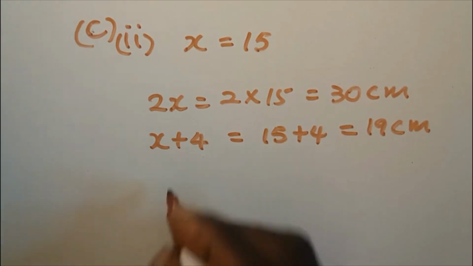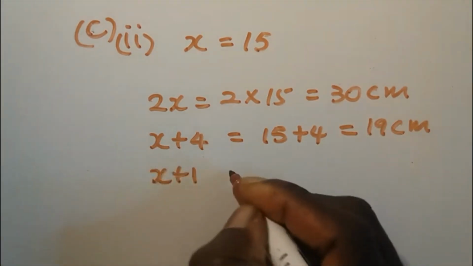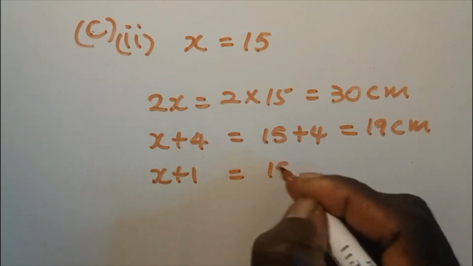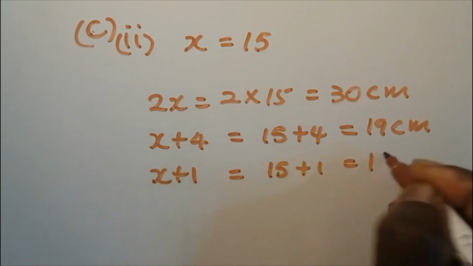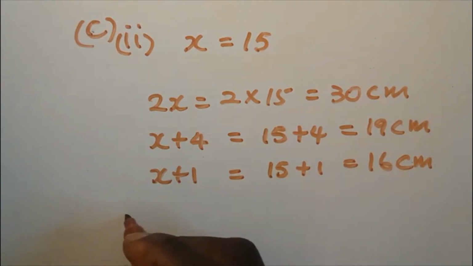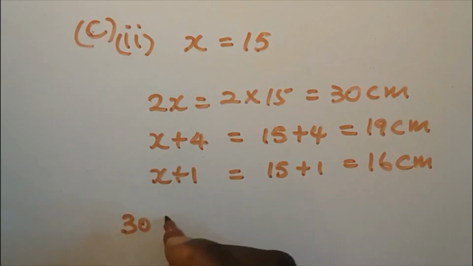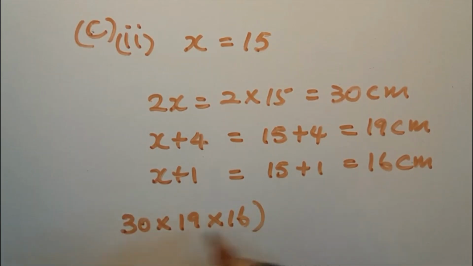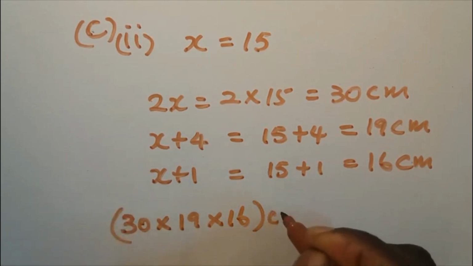And x add 1 is equal to 15 add 1, which is 16 centimeters. And if we write down the external dimensions, we'll write it as 30 times 19 times 16. Put this in brackets because they all relate to centimeters.